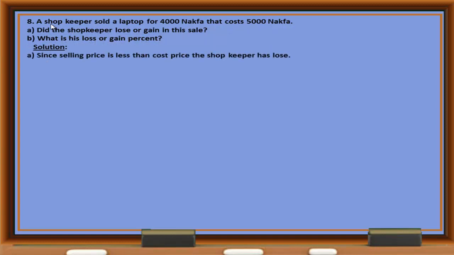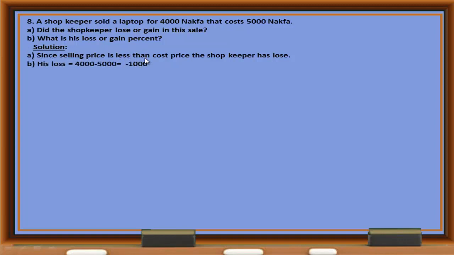A. Since selling price is less than cost price, the shopkeeper has loss. The selling price is 4,000 nafa and the cost was 5,000 nafa. Therefore, the shopkeeper has loss.